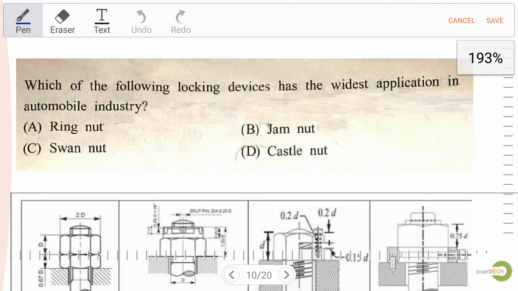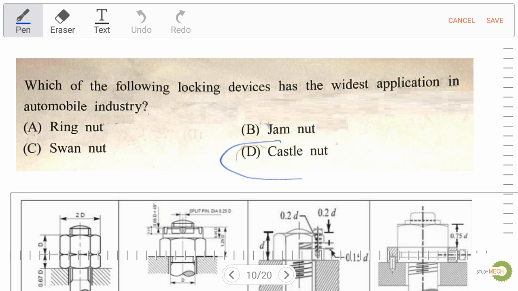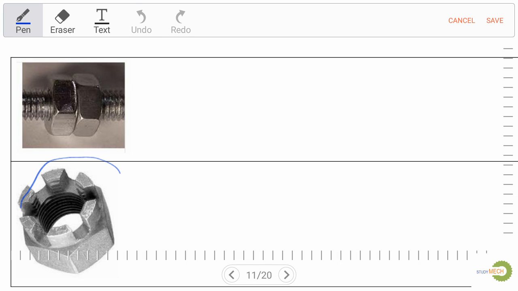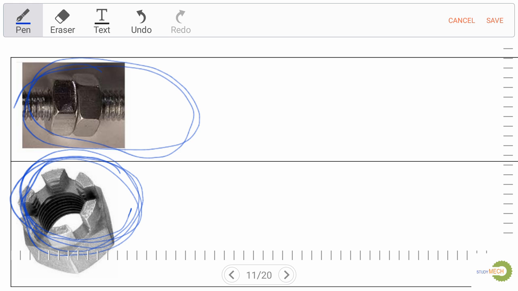Which of the following locking devices has the widest application in automobile industry? Option A, ring nut, option B, jam nut, option C, swan nut, and option D, castle nut. So our right answer over here is option D, castle nut. Now castle nut looks like as given in this figure. It looks like a castle, so it is known as castle nut, and the above figure is for jam nut or lock nut.